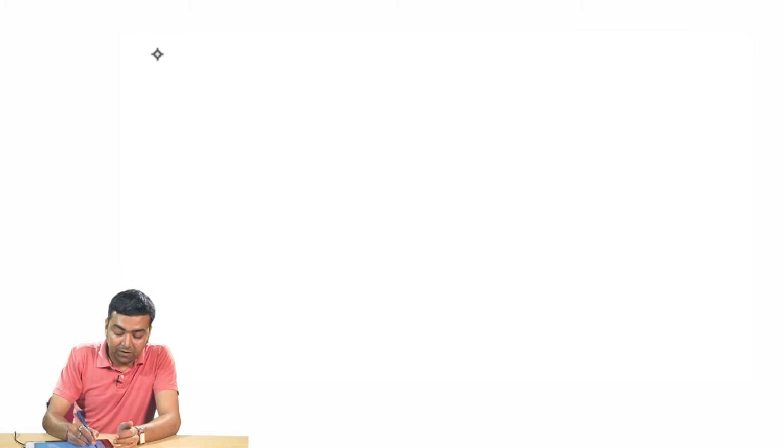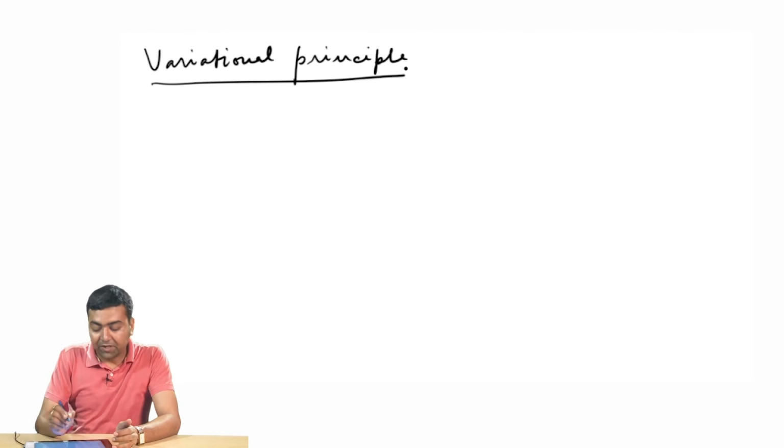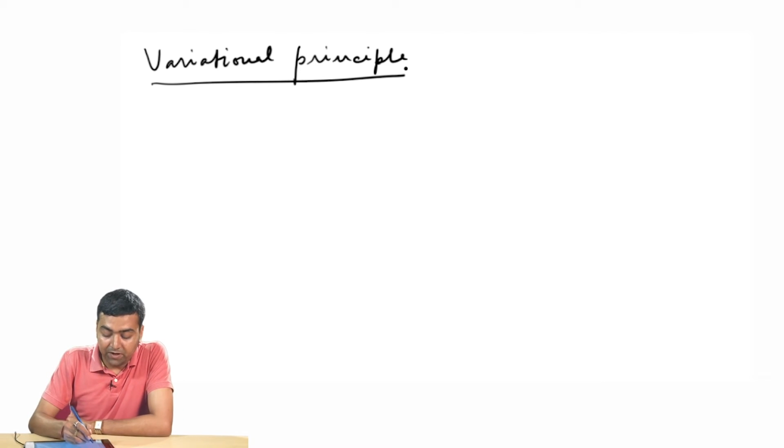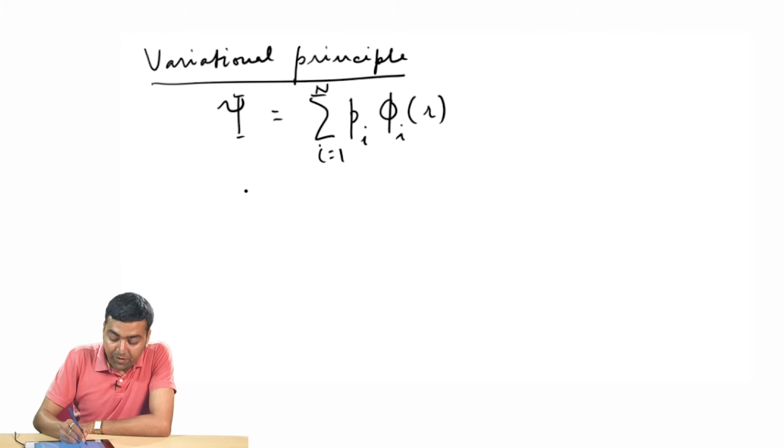So, what is the basic idea of the variational principle? If we remember our basic quantum mechanics course, what we are interested in is this wave function psi. So, what we do is we expand these wave functions in particular basis functions phi i, which are functions of R, as a combination of the basis functions, i equals 1 to n, where the p i's are the unknowns.